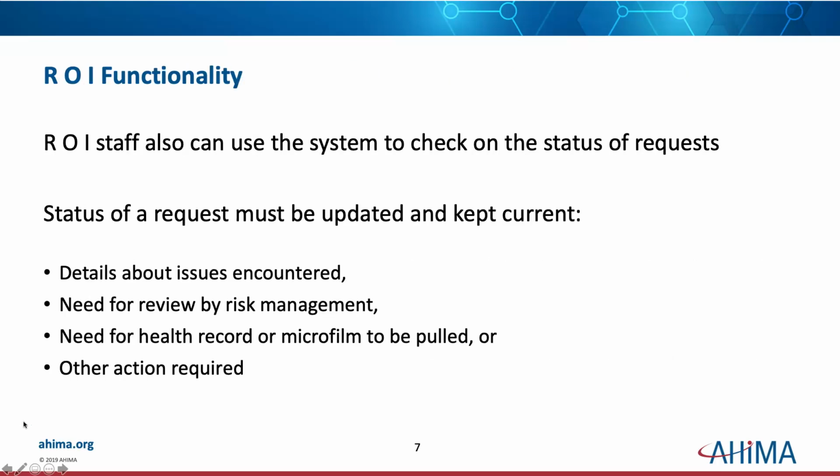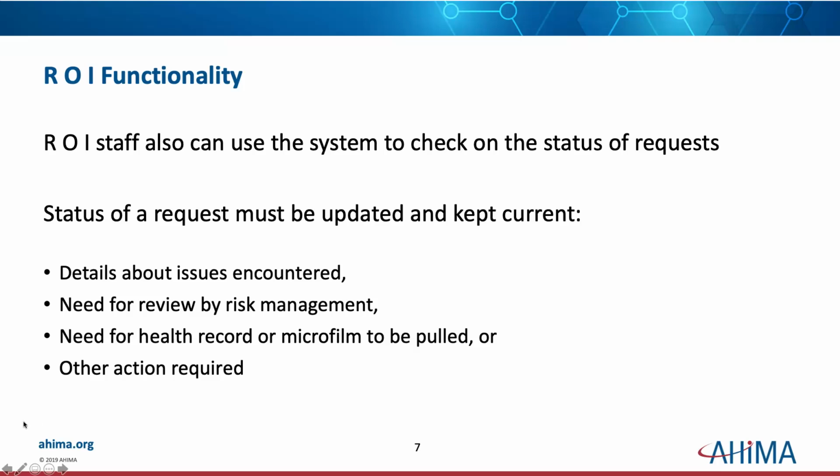Release of information, staff and leaders can use the system to check on the status of requests, and the status of the request must be updated and kept current. So for instance, if there's a reason why there's a delay in the release occurring, maybe someone's having difficulty finding all of the information, or maybe you're waiting on an authorization to be returned. Maybe there's a need for the request to be reviewed by risk management or legal counsel.